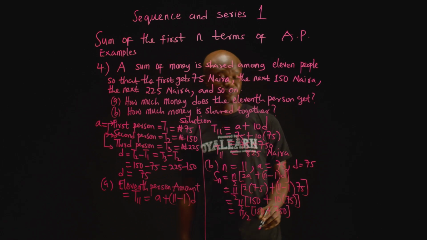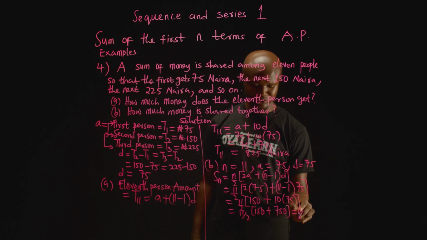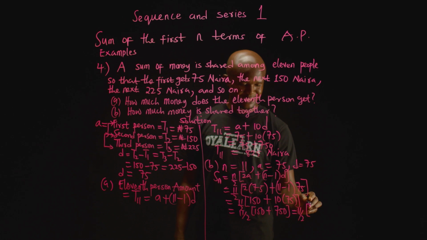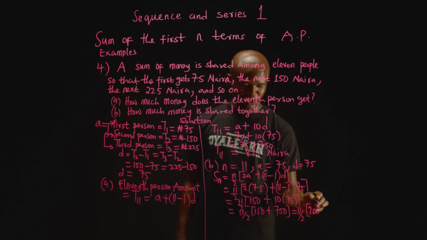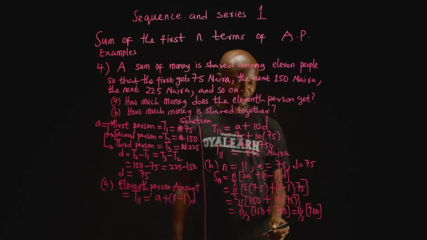So this gives us 11 over 2 into 900, because 150 plus 750 gives us 900.